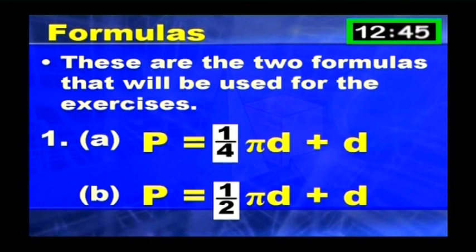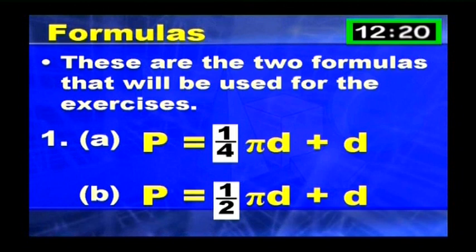Okay, for our activities for today, you have 3 exercises to complete, and these are the formulas that you will be using to calculate the 3 exercises. For 1A, you will be using this formula. P is equals to a quarter pi d plus d.